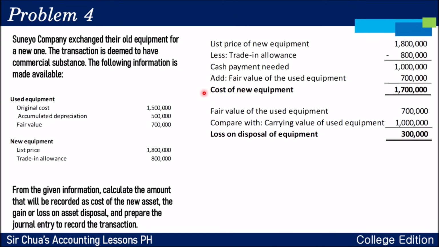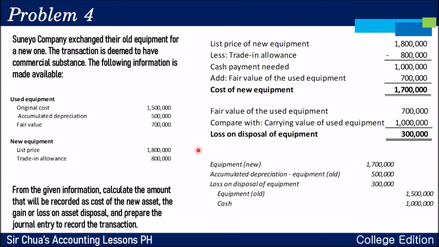Now, if the fair value is 700,000 but the carrying value is 1 million, there is a loss kasi pababa, 'di ba? Yung galing kang carrying value, yung fair value mo pababa. So magkakaroon ka talaga ng loss doon, 300,000. So for your entry, you just debit the new equipment with the cost of the new equipment of 1,700,000.